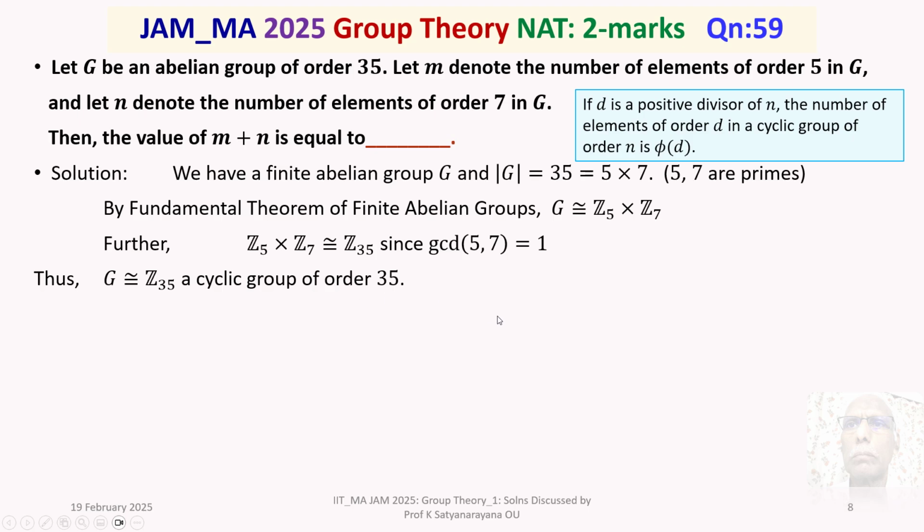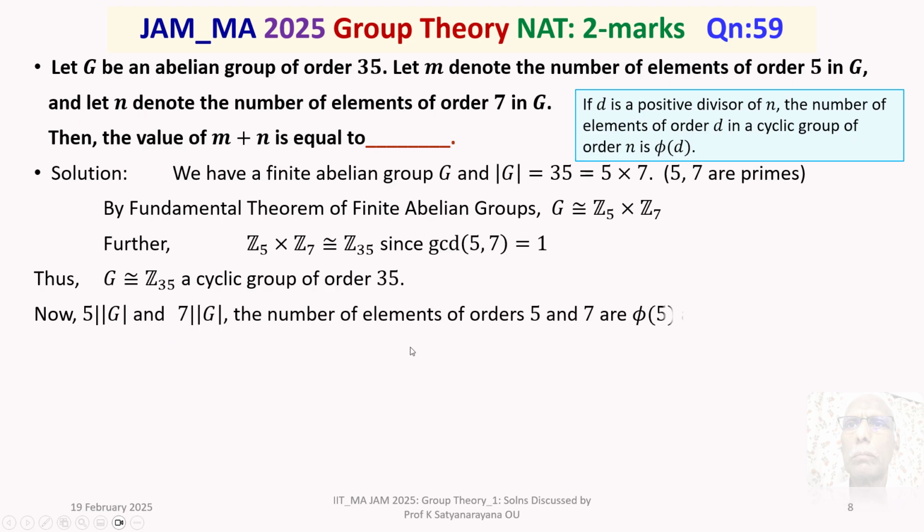So the number of elements of order 5 and 7 are given by phi of 5 and phi of 7. Now 5 divides the order of G, and 7 divides the order of G. The numbers of elements of orders 5 and 7 are phi of 5 and phi of 7 respectively, where phi is Euler's phi function.